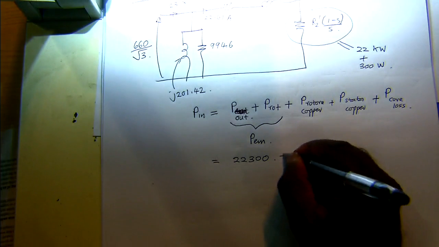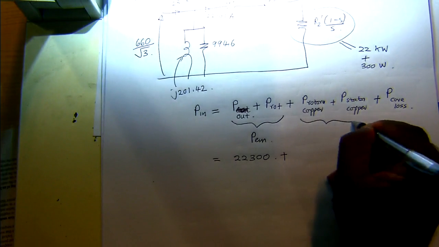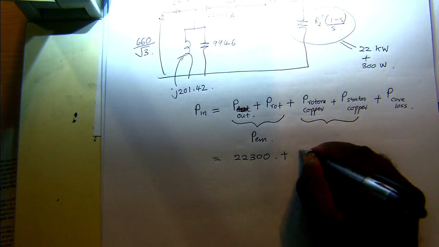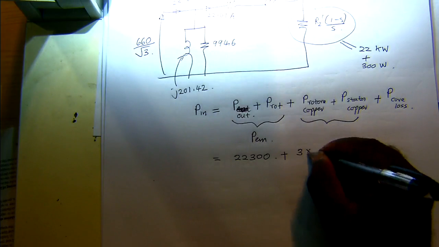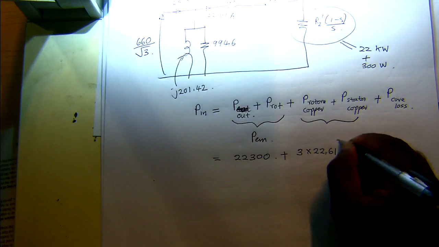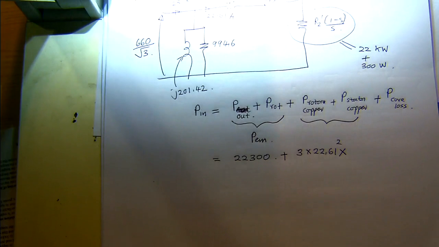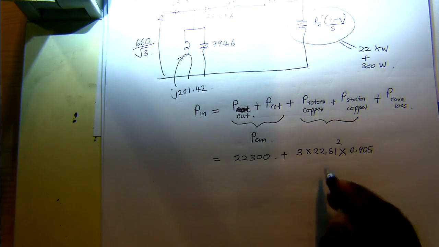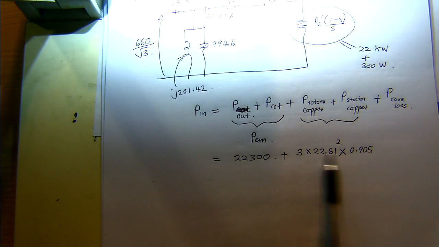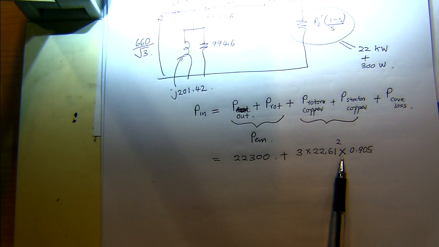Plus the whole thing here will be 3 times I squared R. So I is 22.61 squared, and R equivalent, we found that as 0.905. So this whole thing includes the rotor copper losses and the stator copper losses.